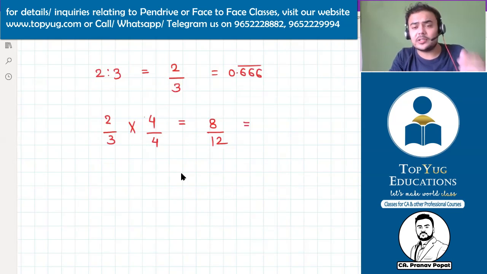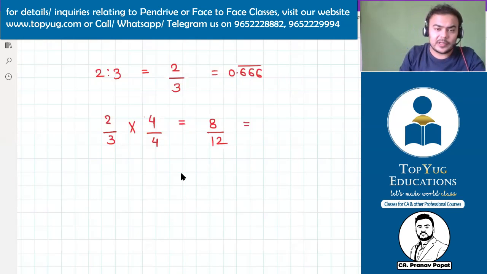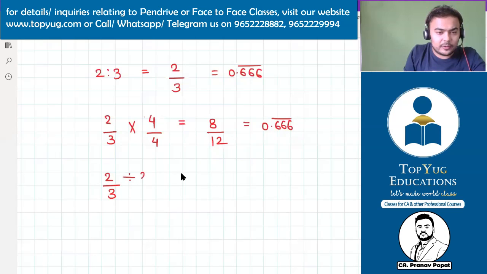Now tell me, what is the value of 8/12? Is 8/12 also equal to 0.666? Yes, sir. It is also equal to 0.666. Correct. Now, if I do one more thing, 2, 3. Let's divide it by 2.